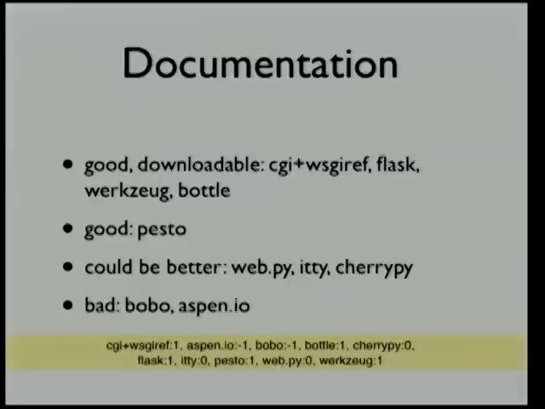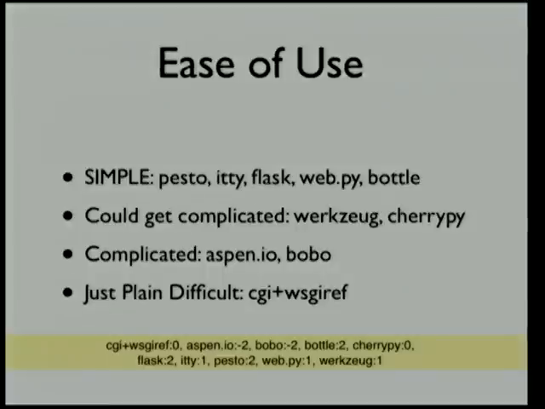So, starting with documentation. I really liked the documentation of some of them. Some of them, the documentation really didn't help at all, and there were some middlings. I much preferred, obviously, the documentation that I can download, but Pesto still got a +1 because it was pretty good documentation. In terms of ease of use, some of them were clearly easier to use than, well, the CGI and WSGI ref.